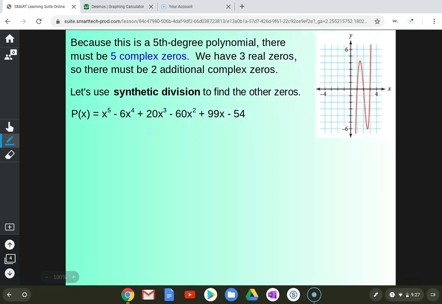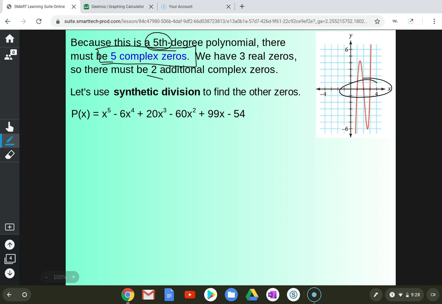However, for our problem, this was a fifth degree polynomial. When you have a fifth degree polynomial, there need to be 5 zeros. How many did we find? We found 3 of them, which means there's still 2 more that we haven't found. How do we find those remaining 2 zeros? And why aren't they showing up on the graph?